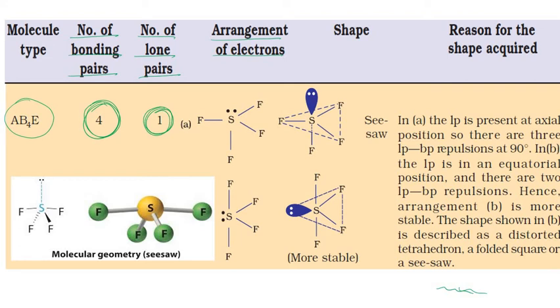And the example we can see when we are having the molecule of the type AB4E is SF4, right? The central atom S, which you can see here, and the 4 fluorine atoms, you can represent here, right?